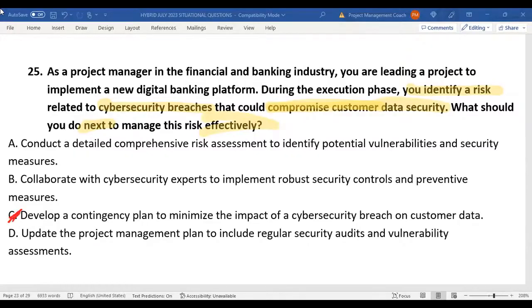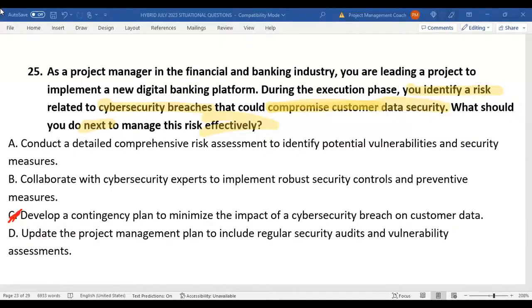If you chose C, it's not right. C says develop a contingency plan to minimize the impact of a cybersecurity breach on customer data. That doesn't make sense. Contingency plan means it's happened. Let's minimize the impact of this breach. Why would you choose that? You're signing up to allow it to happen?